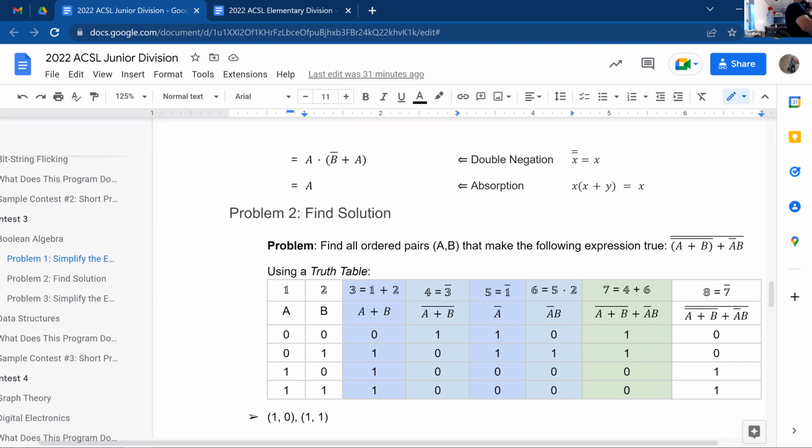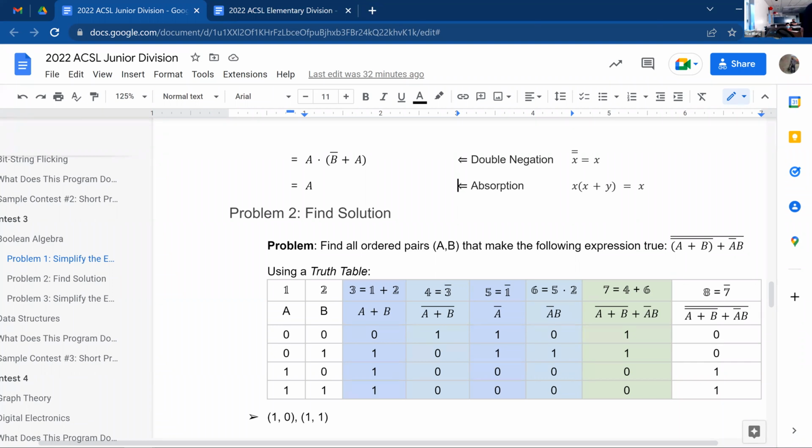So let's say we're finding the pairs that make this expression false. The expression is false in these two rows. What pairs give you those results? It would be A equals 0 and B equals 0, or A equals 0 and B equals 1.